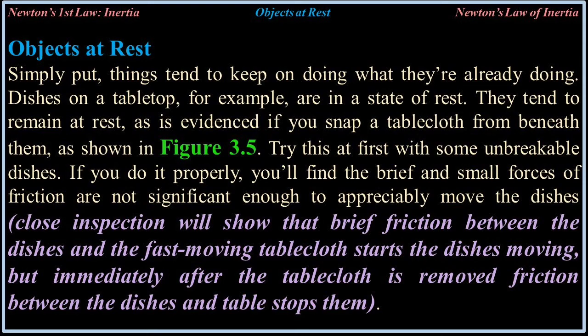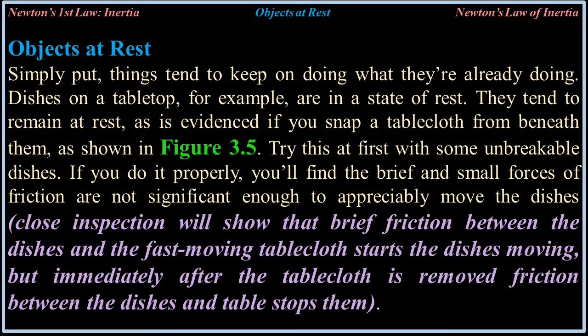Objects at rest. Simply put, things tend to keep on doing what they're already doing. Dishes on a tabletop, for example, are in a state of rest. They tend to remain at rest, as is evidenced if you snap a tablecloth from beneath them, as shown in figure 3.5. Try this at first with some unbreakable dishes.